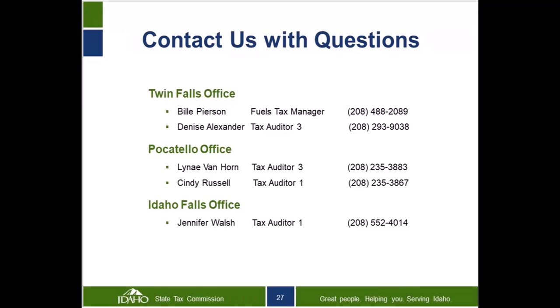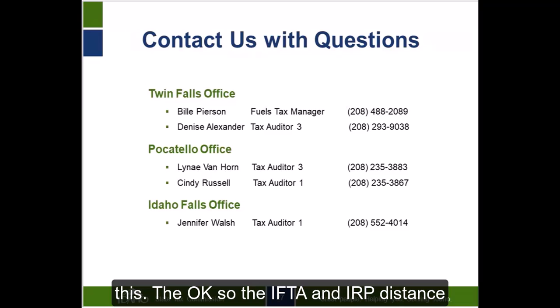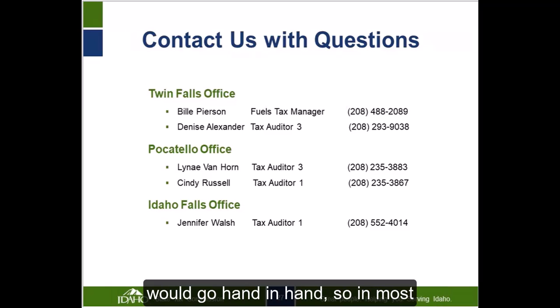Let me reread this. It's a big one. Okay, so the IFTA and IRP distance would go hand in hand. So in most cases, they're going to be the same.